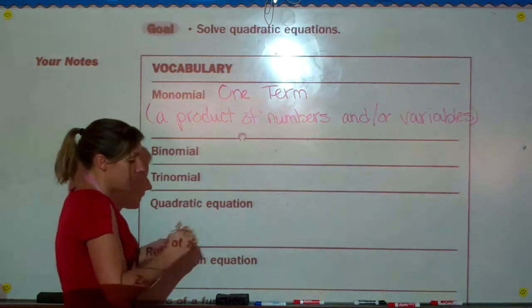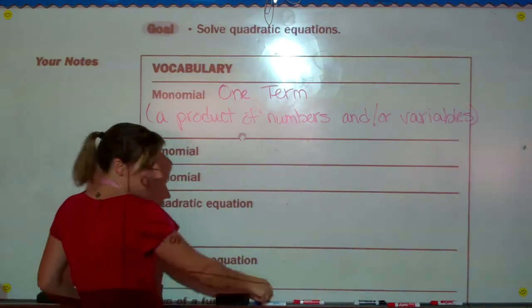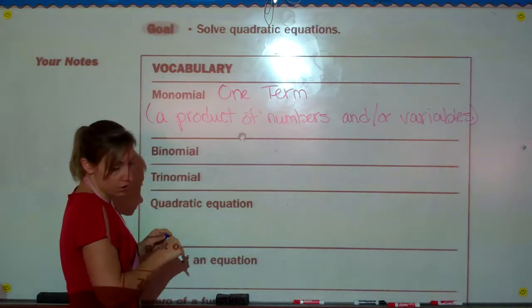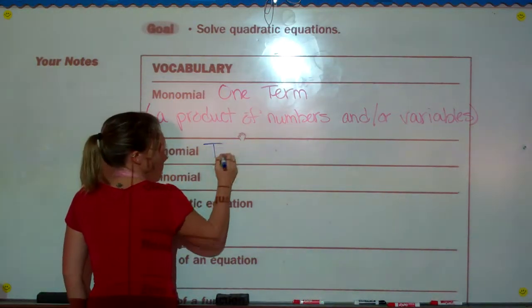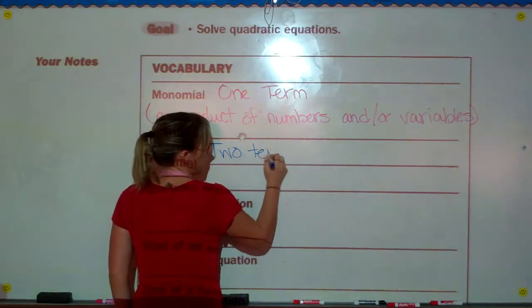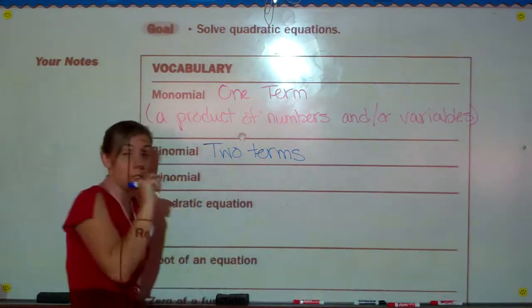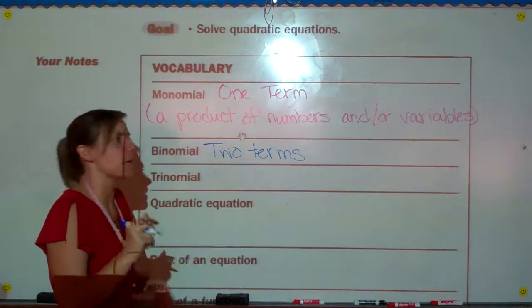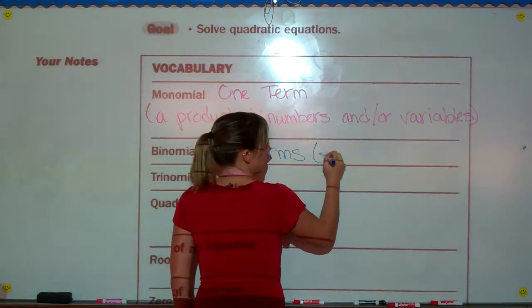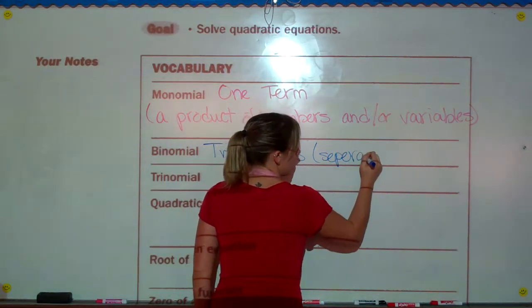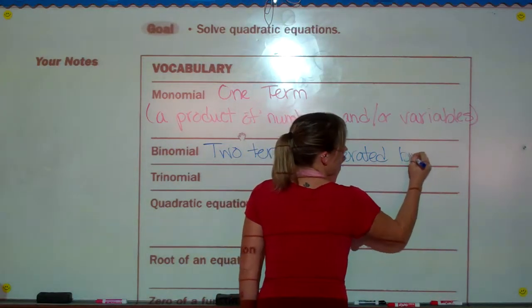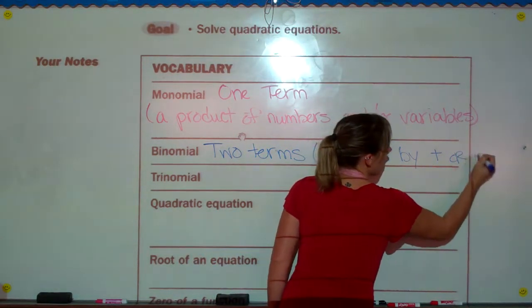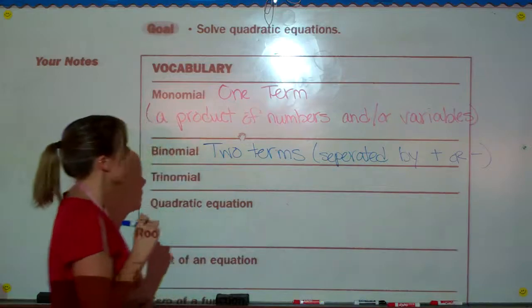So binomial, bi we know means two, so that's just two terms. Okay, a polynomial with two terms, and so they're separated by addition and subtraction, by a plus or a minus, okay?